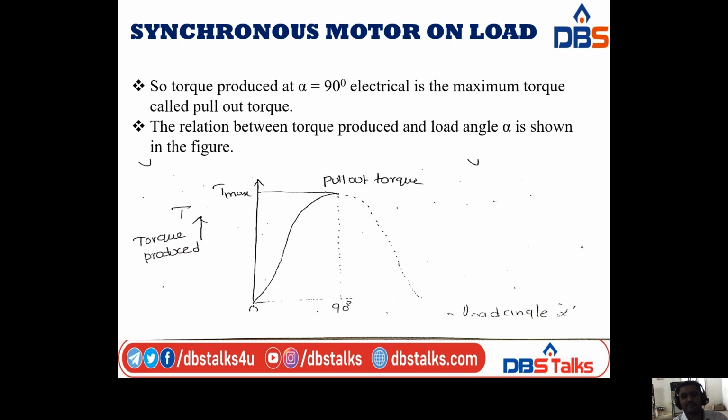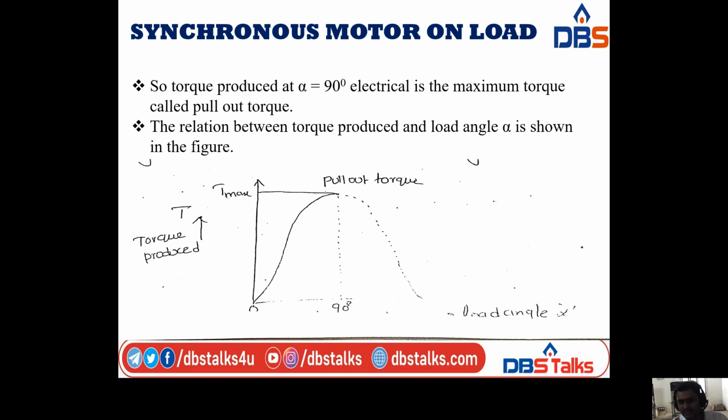The relation between torque produced and load angle alpha is shown in this diagram. Here the characteristic is drawn between maximum torque, that is pull out torque, versus load angle alpha. If you observe this diagram, the curve is drawn up to the maximum torque.